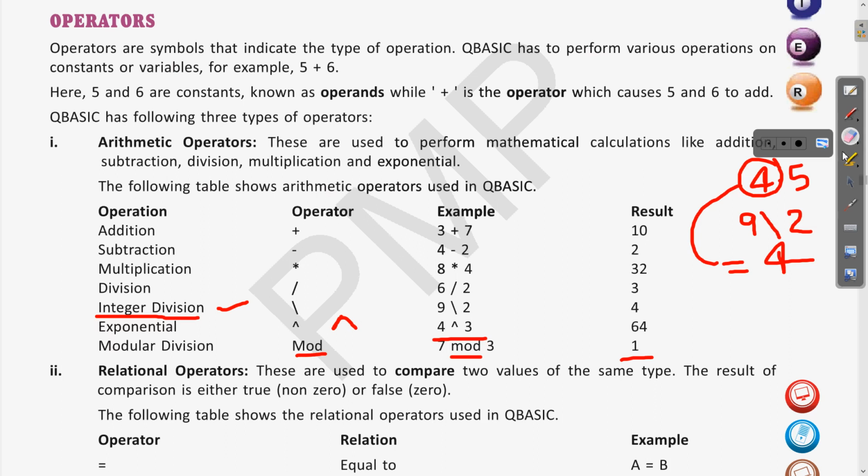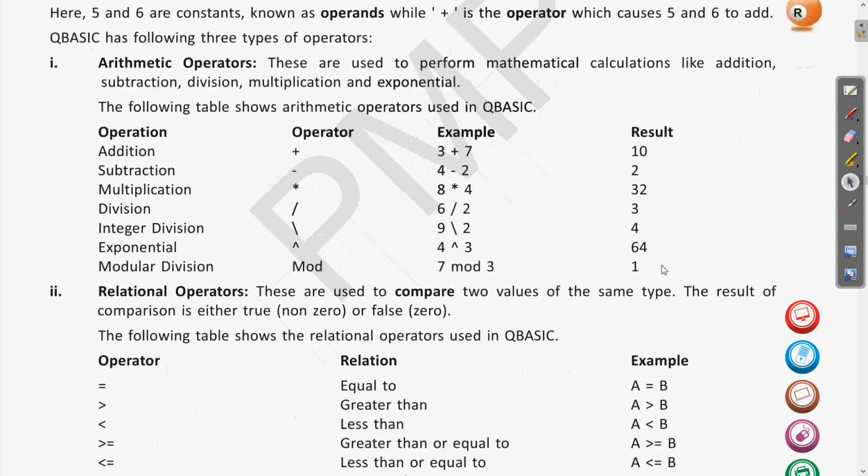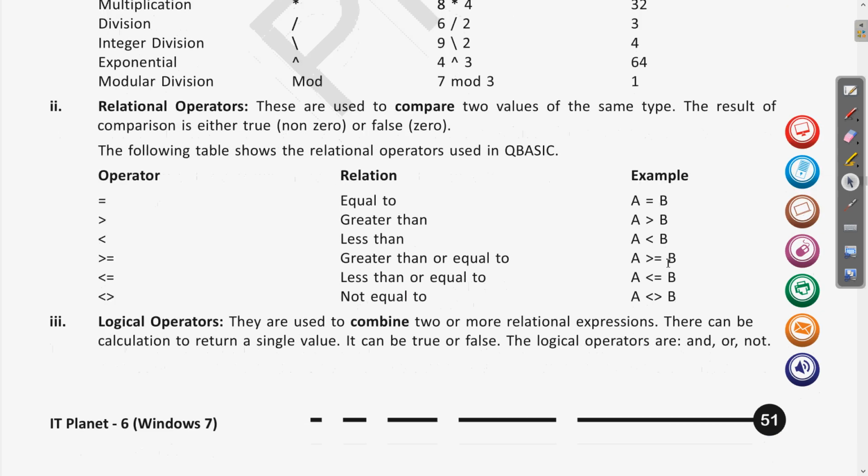After the arithmetic operators, we have started the relational operators. Relational operators are used when we are comparing two values or two similar values. For example, if we compare any two numbers, for the comparison we use different symbols like greater than, less than, greater than or equal to, less than or equal to, not equal to, and equal to.